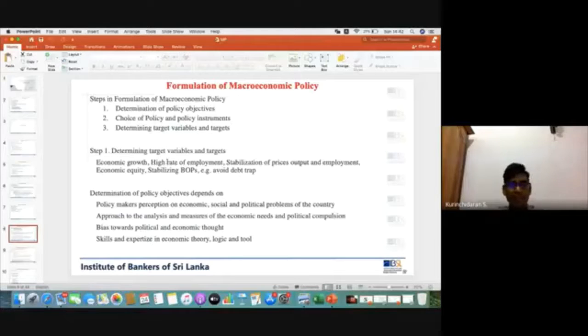These are 3 areas. So now you have to keep in mind, when we are going to look into monetary policy, you should know what are the policy objectives, what are the choice of policy and policy instruments, and what are the target variables and targets.